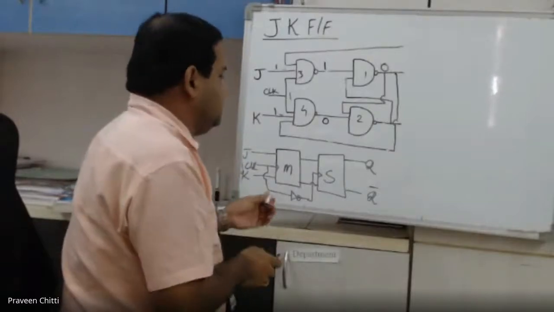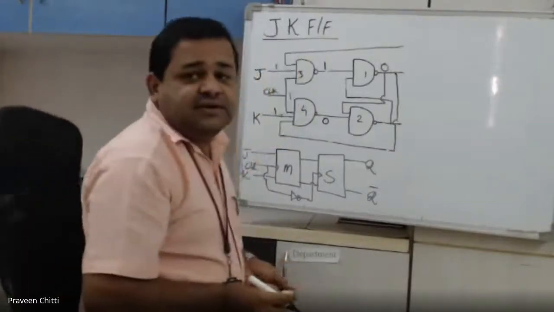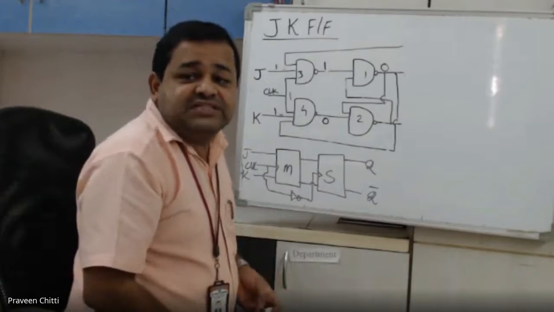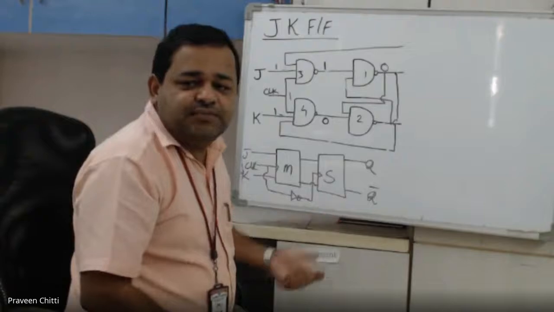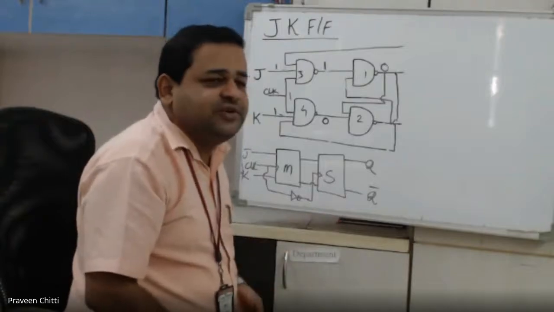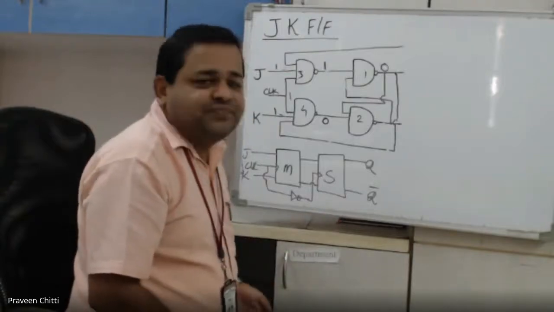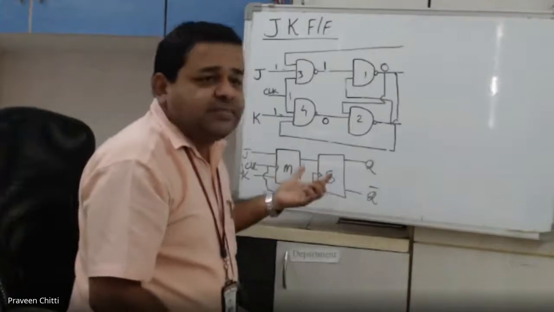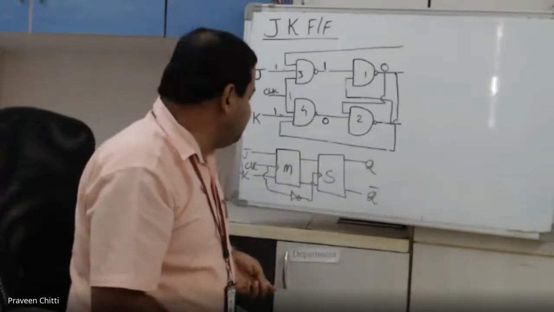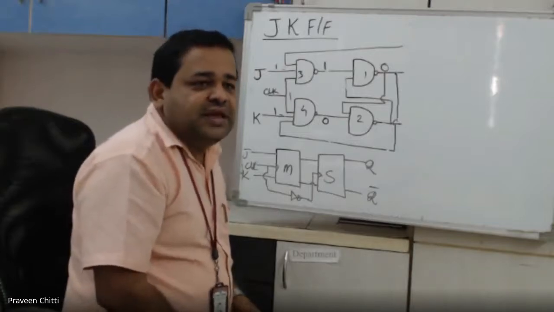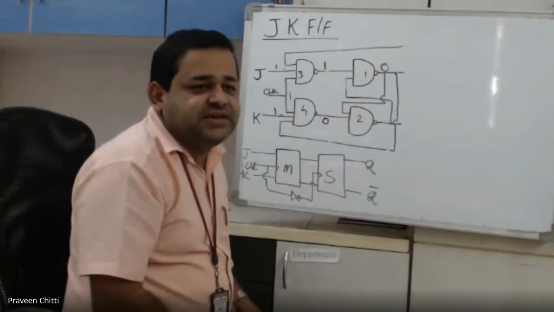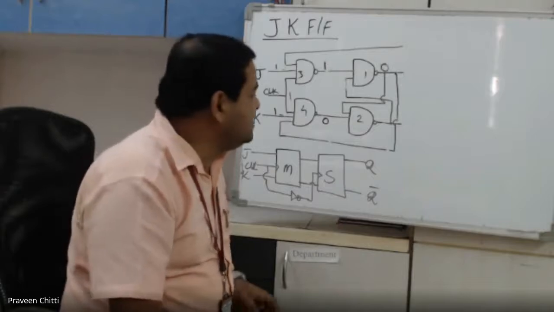This is an important question that you will get in almost every question paper: explain the working of the master-slave JK flip-flop. This is a very important question, and you can expect it in your second CIE test too. The same circuit is there for your laboratory experiment also: realize the master-slave JK flip-flop and verify its truth table.